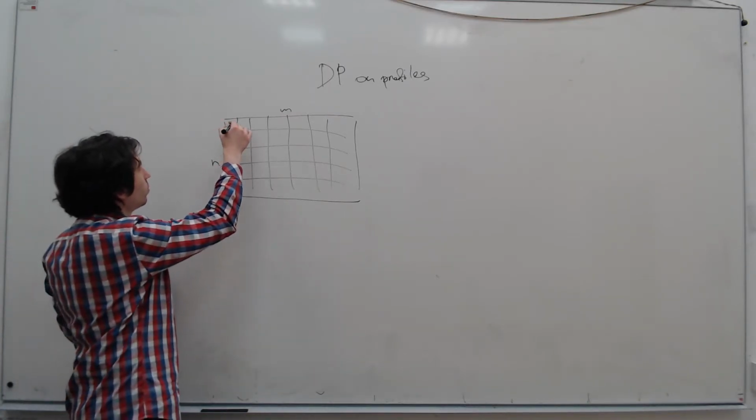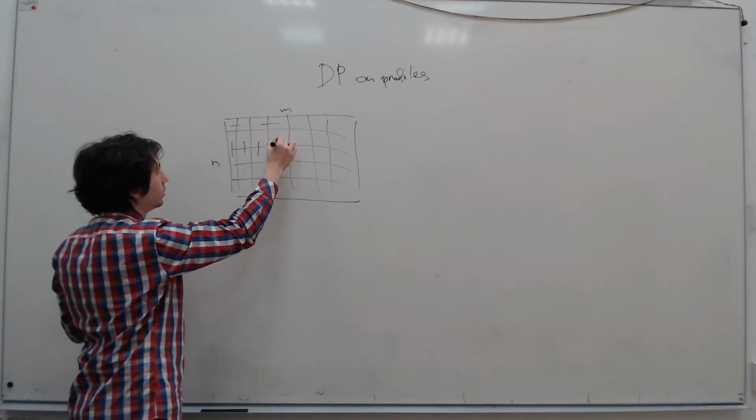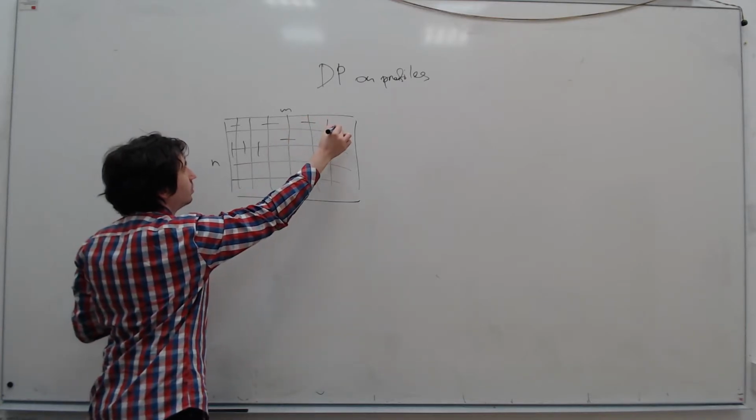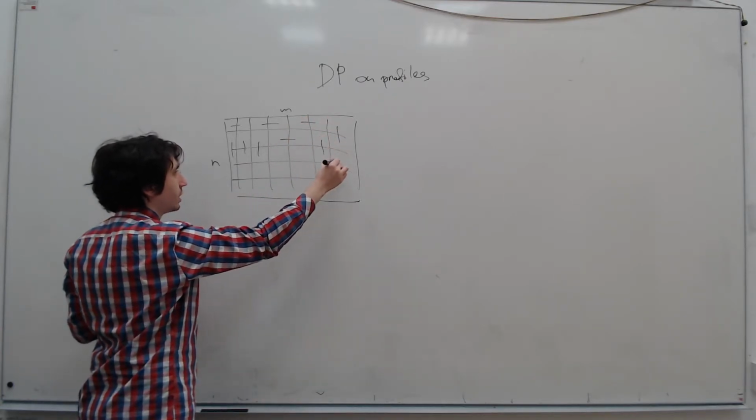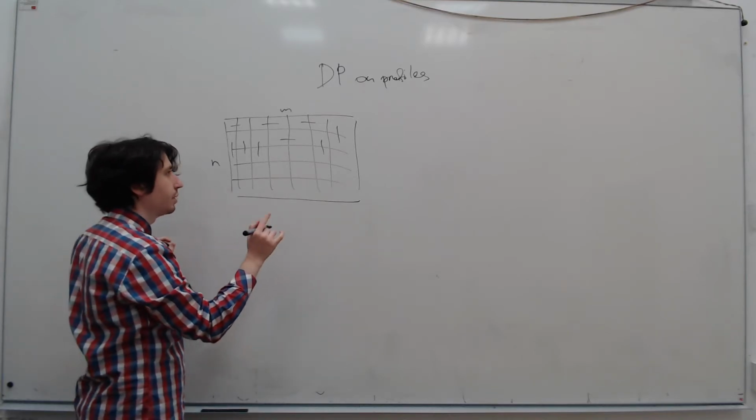So we can put dominoes there in such a manner. The domino is like a small rectangle of 1 times 2.